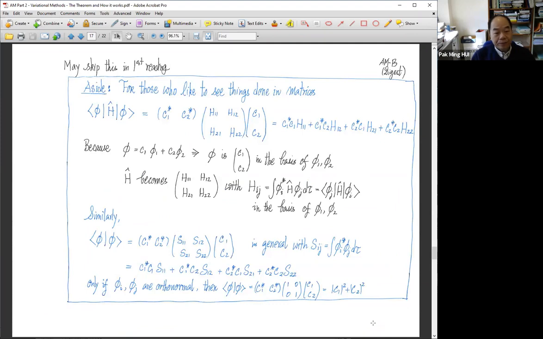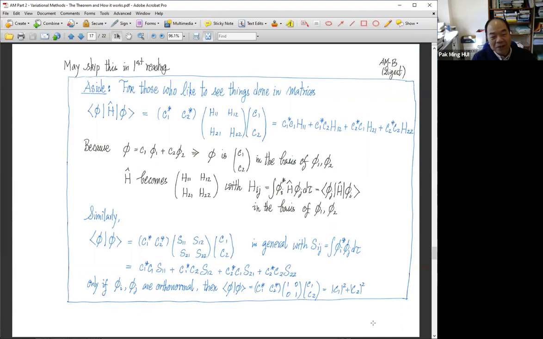Now, because Professor Liu introduced some matrix form of handling quantum mechanics, I read his notes and I enjoyed it.